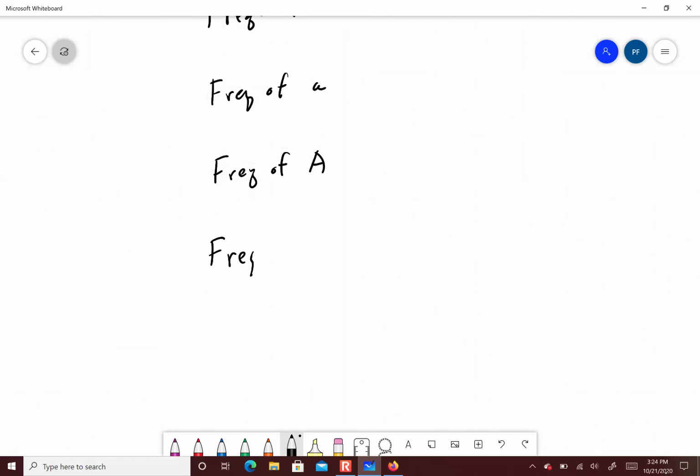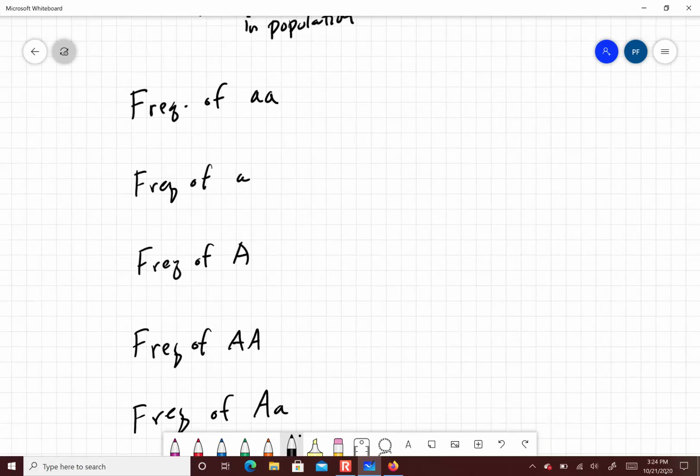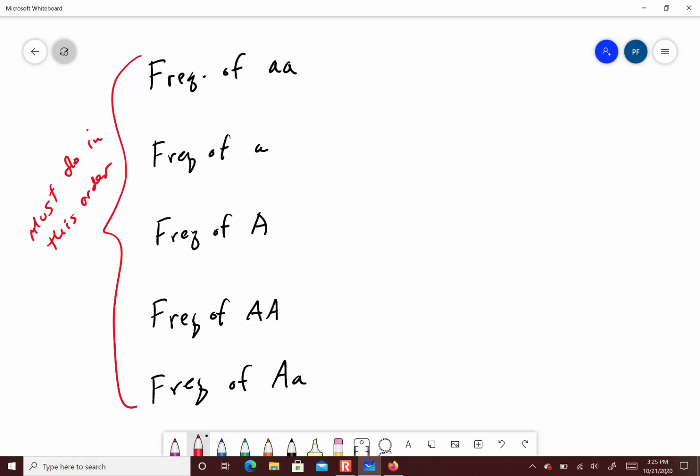Then we're going to do the frequency of homozygous dominant. And then the frequency of heterozygous. So that's where we are heading. You have to do them in this order. So just get that in your head. Must do these in this order.